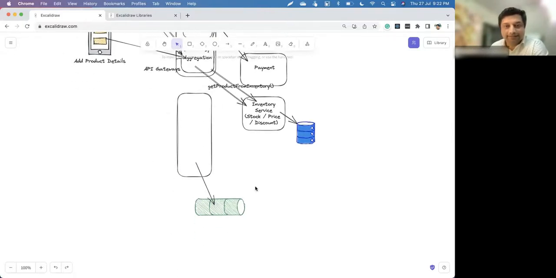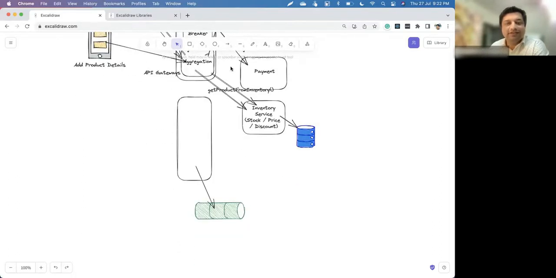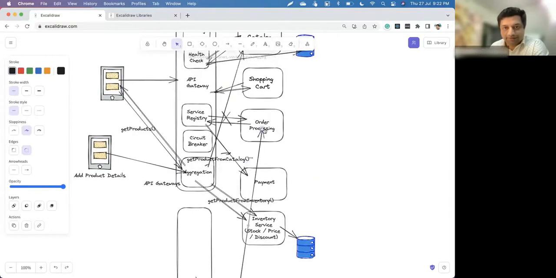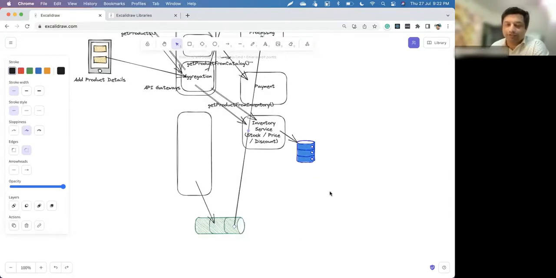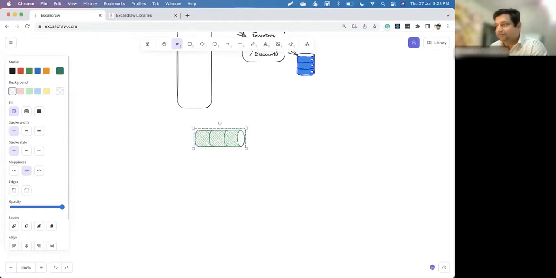And order processing service will always read the orders from the message queue. So let me create another diagram to make it even more clear, right?